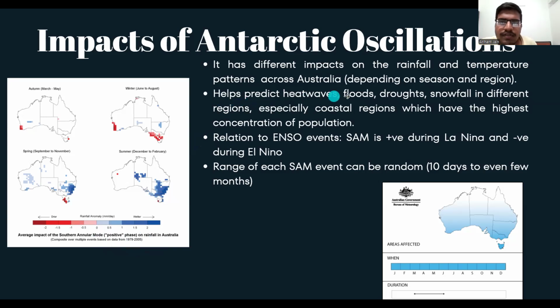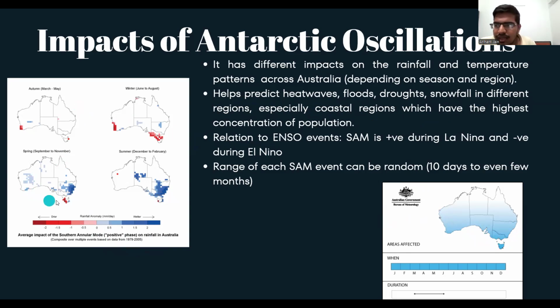It helps to predict heat waves, floods, droughts, snowfall in different regions, especially coastal regions, which have the highest concentration of population, such as around Sydney, Melbourne, and Tasmania, etc.